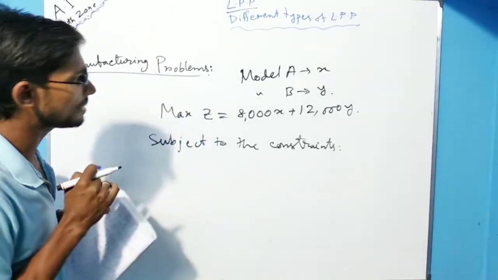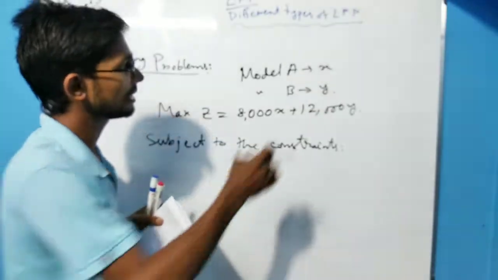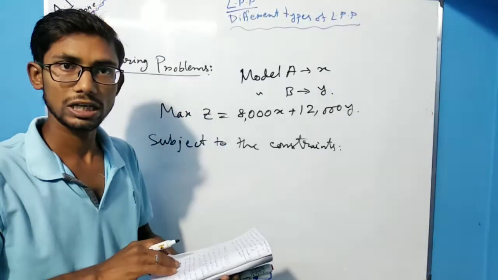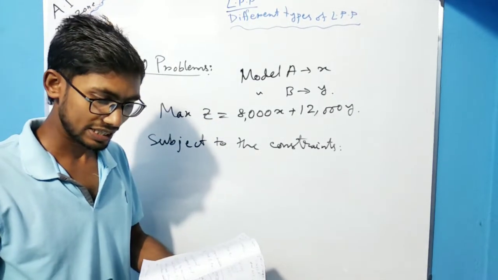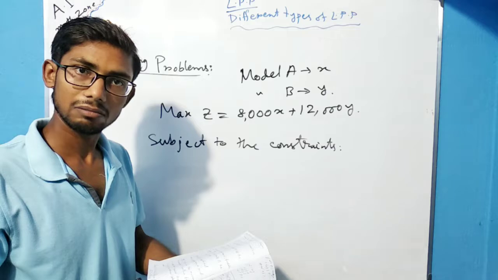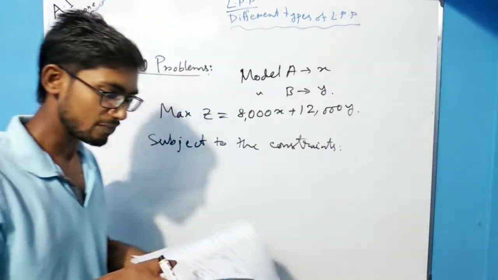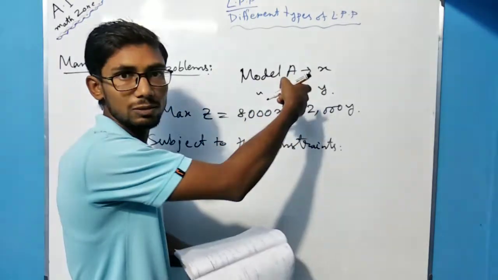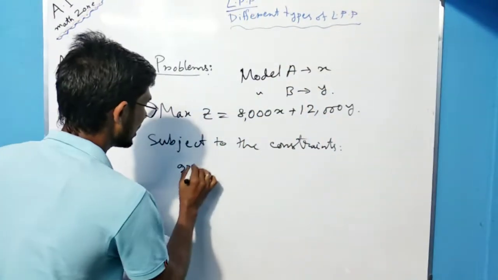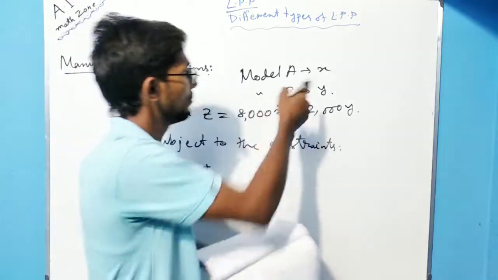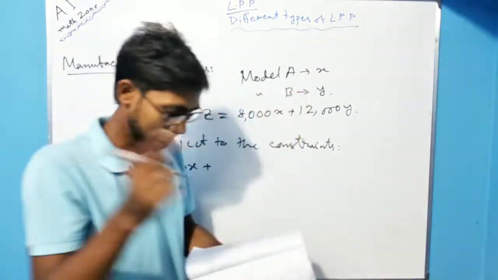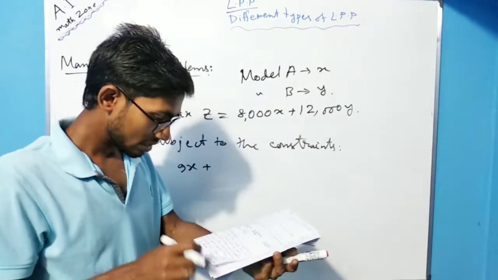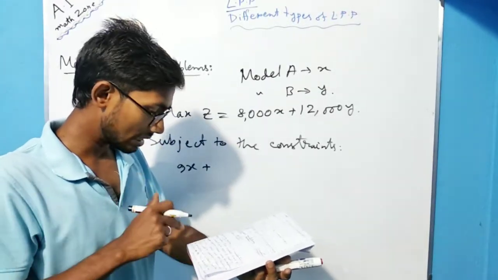So for fabricating, each piece of model A के पर पीस के लिए फैब्रिकेटिंग के लिए कितना लेबर आवर्स यहाँ पर रिक्वायर होता है? 9 लेबर आवर्स, राइट? सो 9 यहाँ पर कितना मॉडल ए कितना प्रोड्यूस किया? X. सो 9x प्लस फॉर फैब्रिकेटिंग मॉडल बी के लिए फैब्रिकेटिंग के लिए कितने लेबर आवर्स चाहिए? यहाँ पर 12 लेबर आवर्स, राइट?